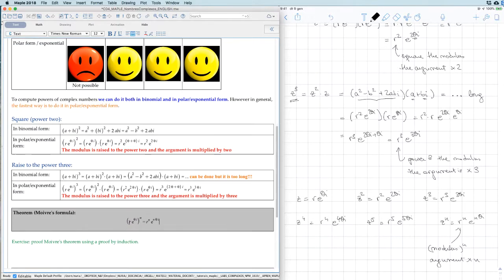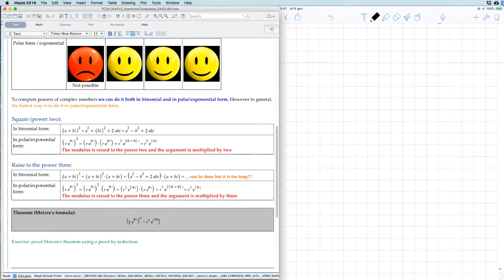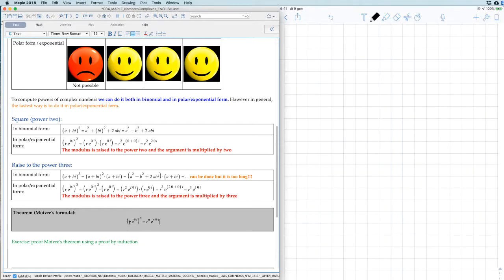So let's prove this formula by induction. So we want to prove that if we are given a number z, which is r e theta i, then we have the formula that z^n, the power n of z, is r^n e^(n theta i).